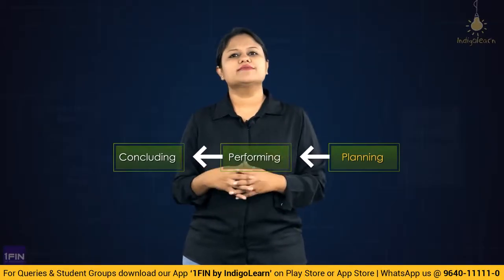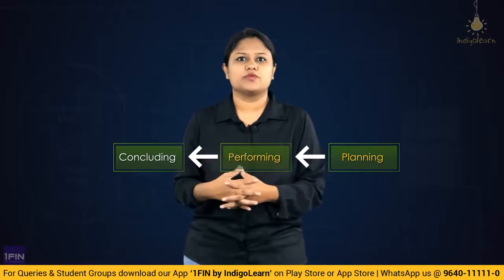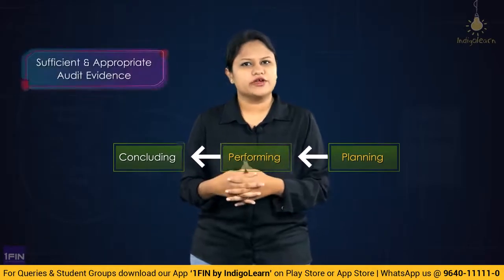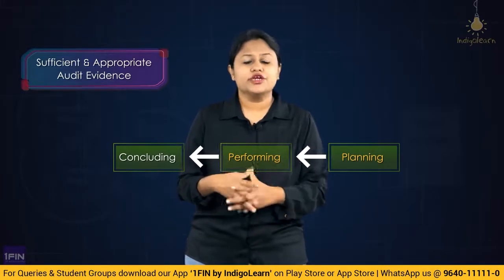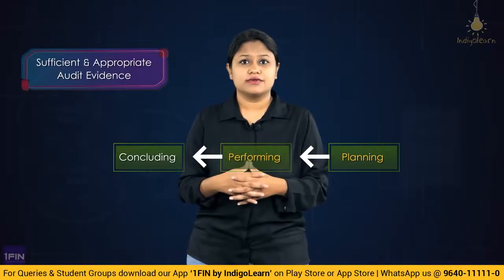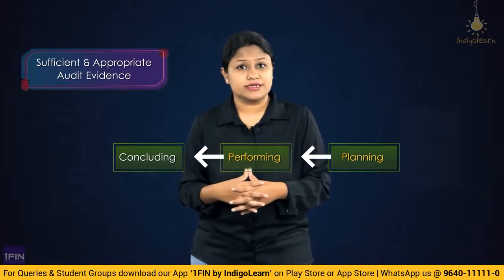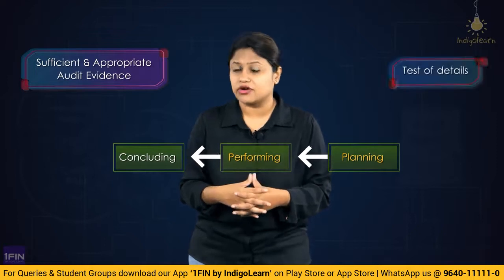Then, when it comes to performance, obviously we are going to perform analytical procedures to obtain what? Sufficient appropriate audit evidence, for us to identify if there is a material misstatement, and to come to a conclusion whether particular items are misstated or not. This will give an understanding to the auditor whether it is required for him to perform tests of details or not.